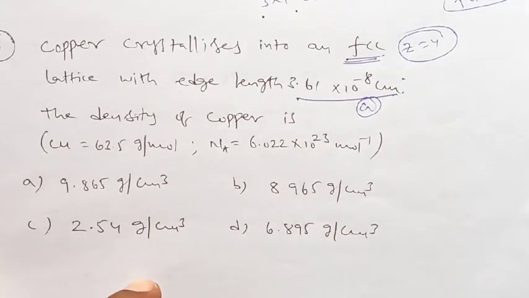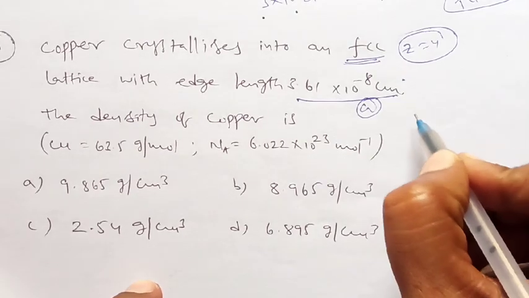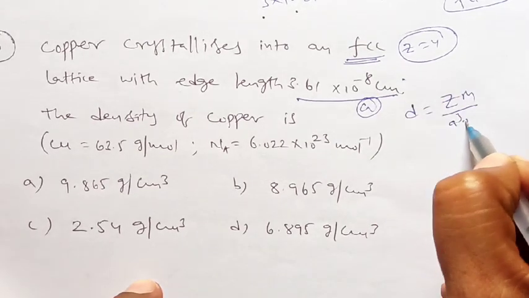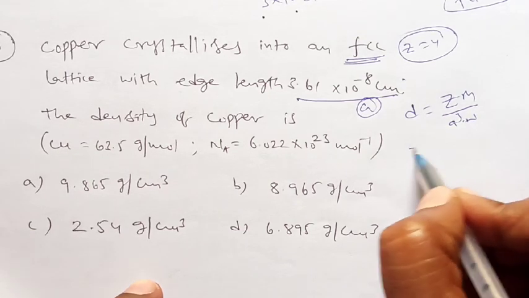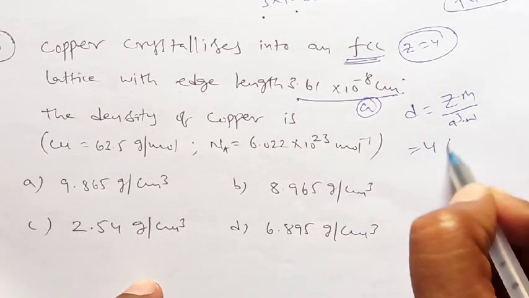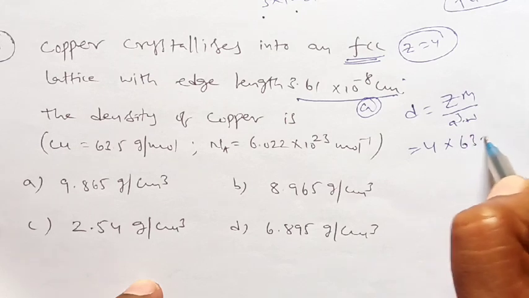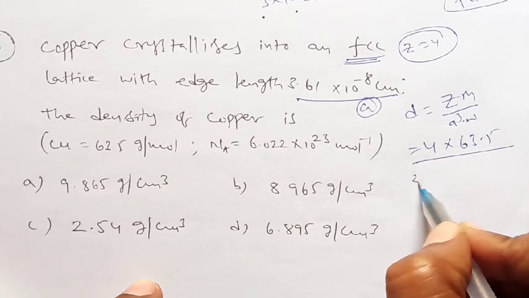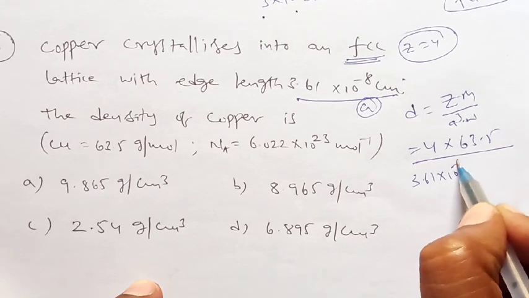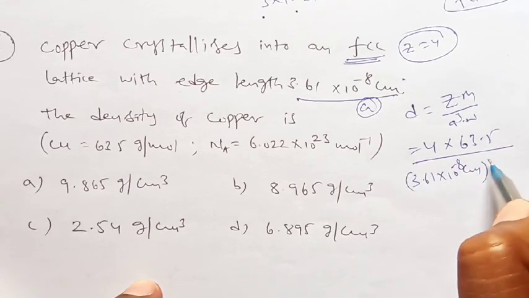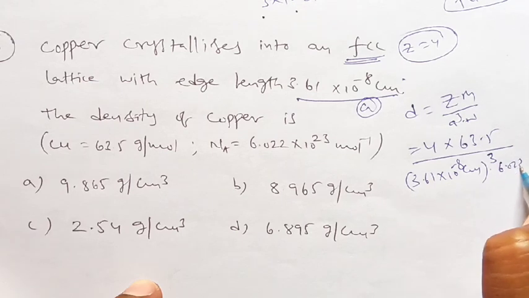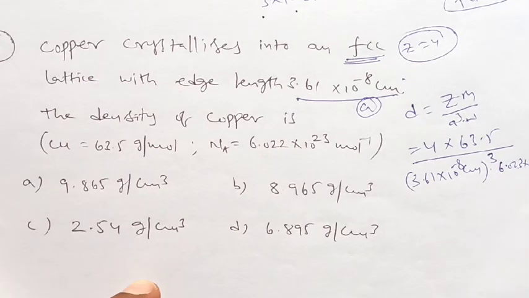Now what is the formula? Density formula, direct: D equal to Z M by a cube into N. You know that. Very simple. So Z value how much here? 4 into M, nothing but 63.5, by a, nothing but here 3.61 into 10 power minus 8 centimeter, whole cube. For N, replace the Avogadro number 6.023 into 10 power 23.